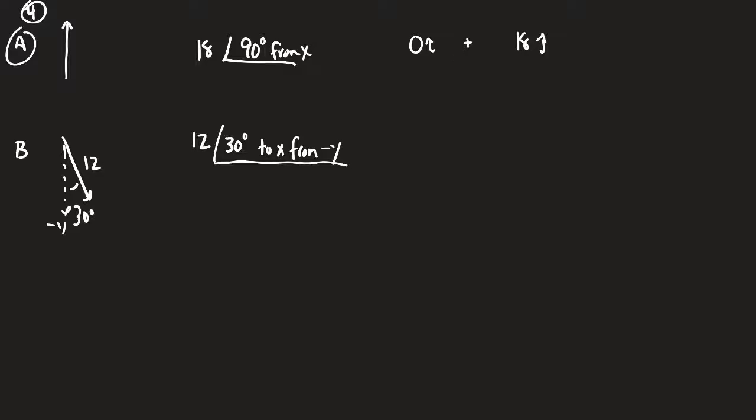But that's going to be 6 i hat. And let's see, square root of 3 over 2, right? So 6 square root of 3 j hat in the negative direction. Is that okay so far?